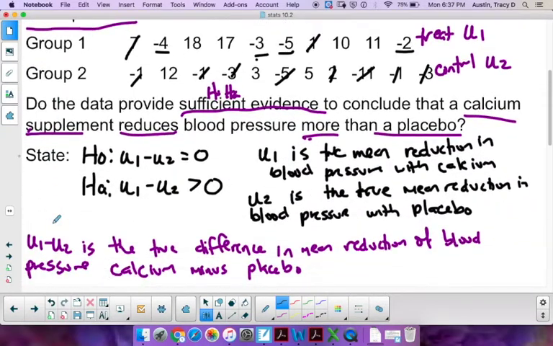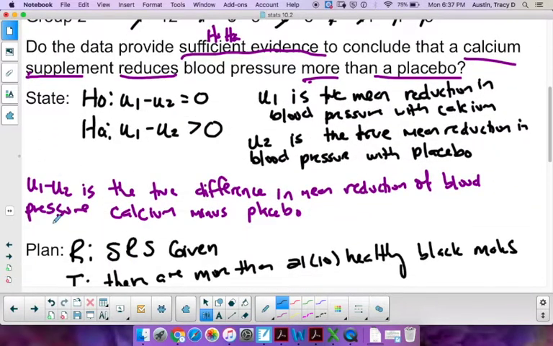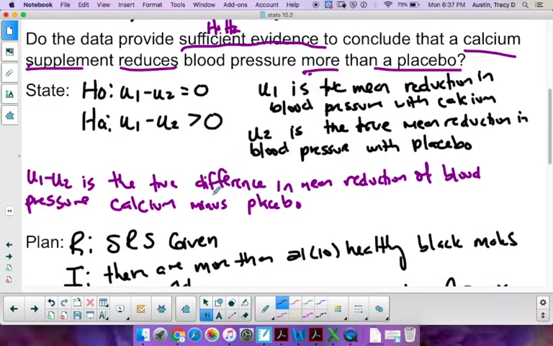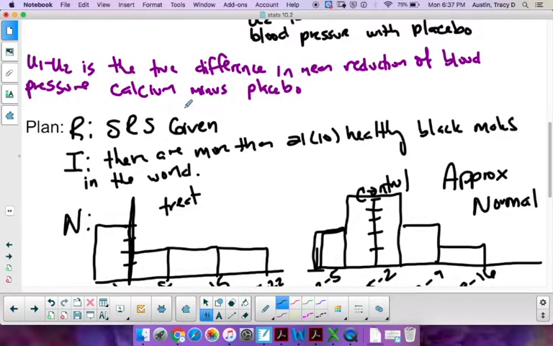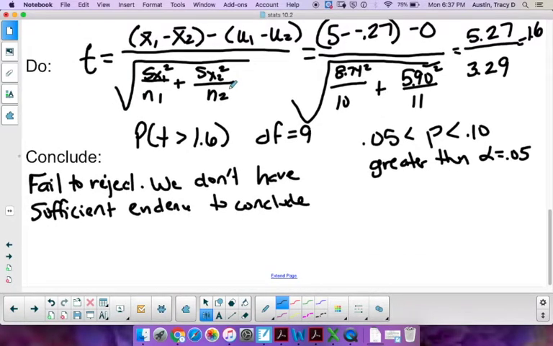You can also state that we do not have sufficient evidence to conclude that the true mean difference, or the true difference rather, in mean reduction of blood pressure calcium minus placebo is greater than 0. That's fine. And that's literally taking your definition of your variables and throwing it right back in your conclusion.